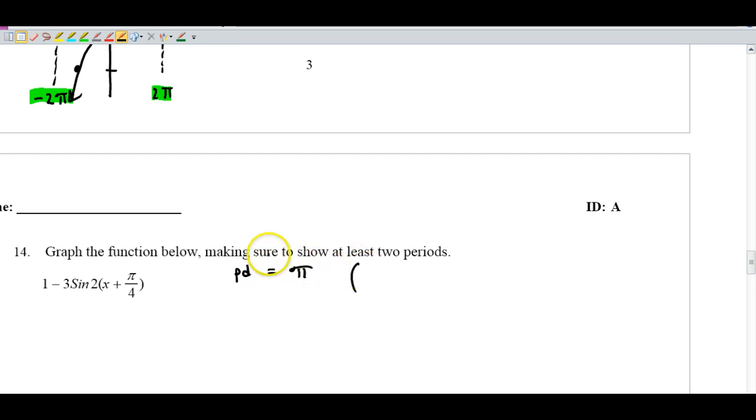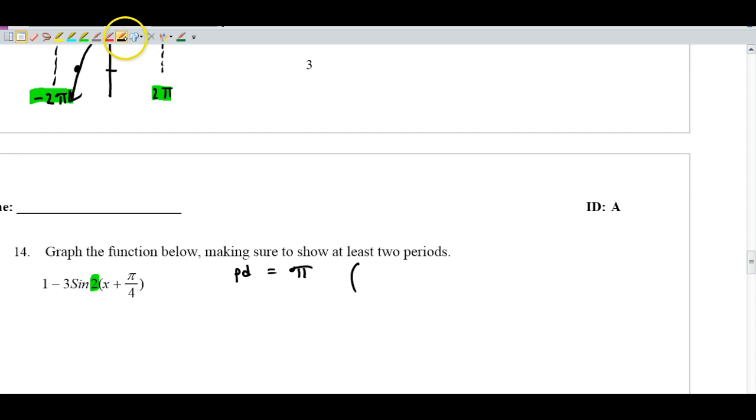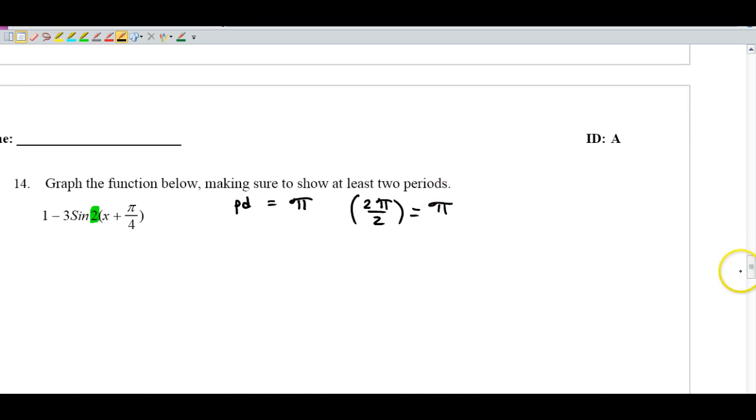How did I get that? Well, this here is b. So my period is 2 pi over 2, which in this case is equal to pi. So that tells me that my period is pi.